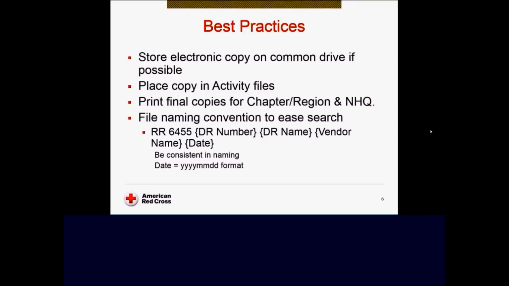And you also want to send it up to the national headquarters, because later on, the national headquarters may get some questions about something that happened on a DRO six months to a year later, and that 6455 will have a record of what happened, especially on facilities.